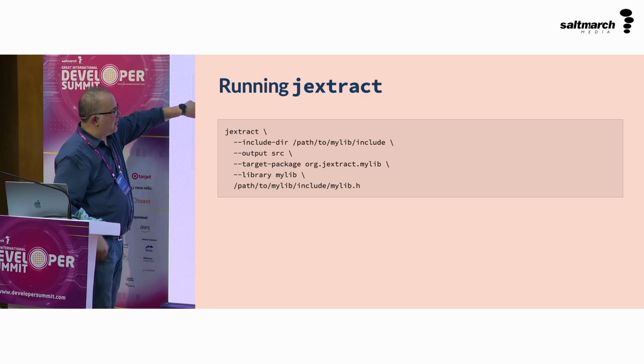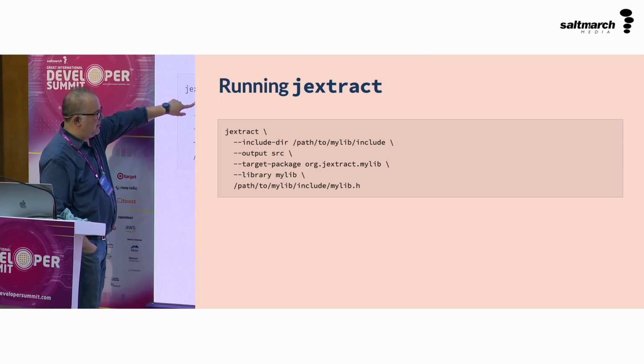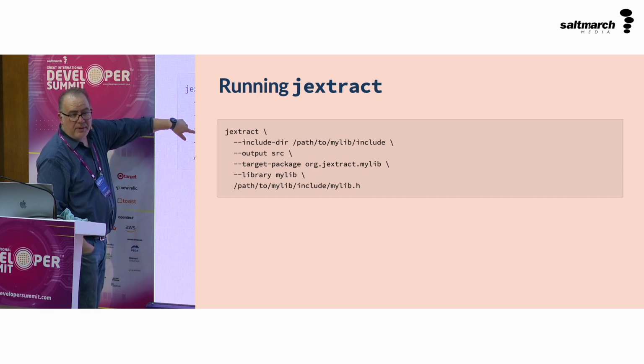So you have the include directory. Where do you find the .h files? Output, where do you want to output this to? jextract is going to create Java files for you. Target package. So where do you want to put this, right? I think a lot of demos will do com.unix, but you can decide whatever it is that you want.